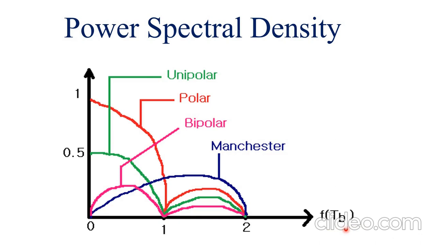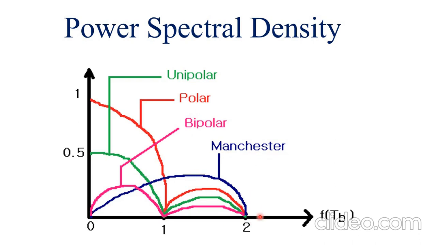For Manchester it requires 0 to 2, while all other schemes like polar, unipolar and bipolar require only 0 to 1.